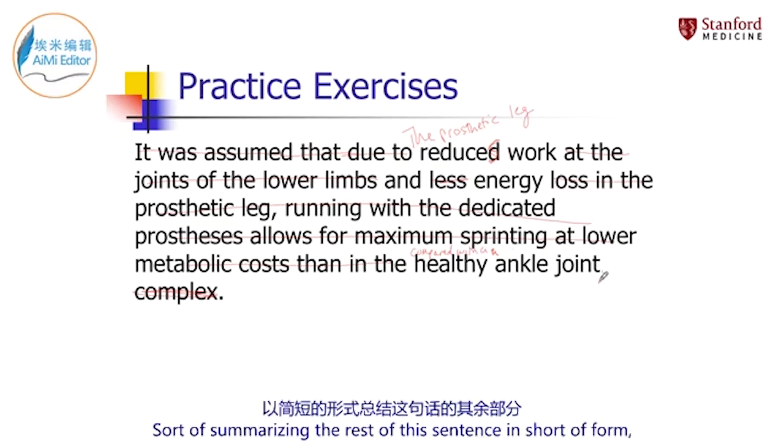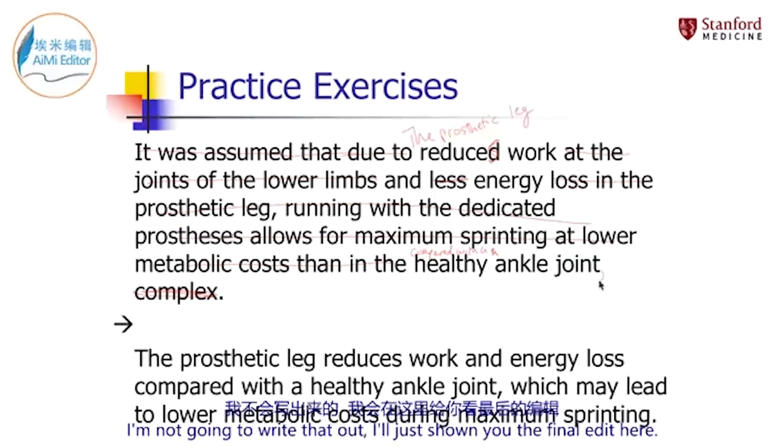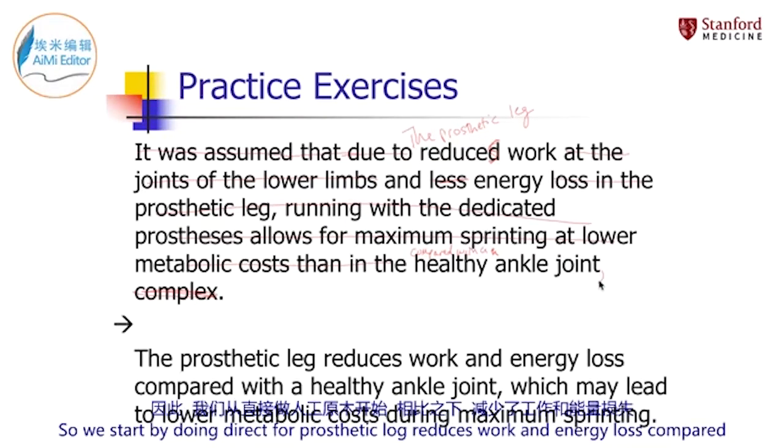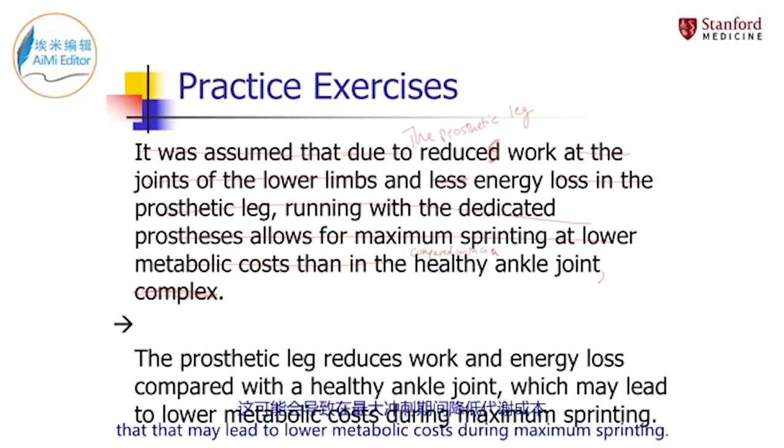I'm going to add on sort of summarizing the rest of the sentence in shorter form, which may lead to lower metabolic costs during maximum sprinting. I'm not going to write that out. I'll just show you the final edit here. So we start by being direct. The prosthetic leg reduces work and energy lost compared with a healthy ankle joint. And then that observation leads the authors to believe that that may lead to lower metabolic costs during maximum sprinting.